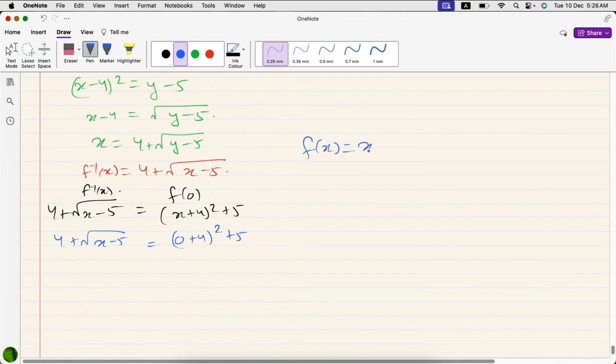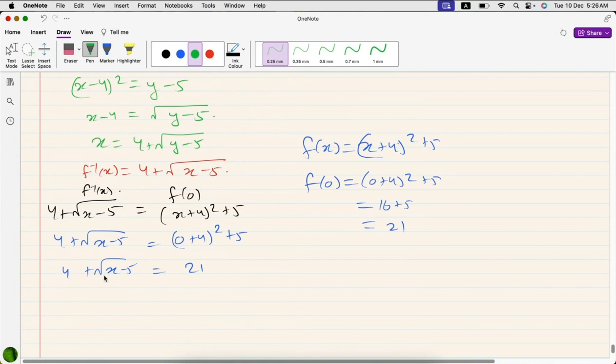See, f of x was (x plus 4) whole square plus 5, so f of 0 means x is 0. Similarly, without solving, let's just see. If we substitute 0, we're getting 21. So if we substitute 21, we should get 0.